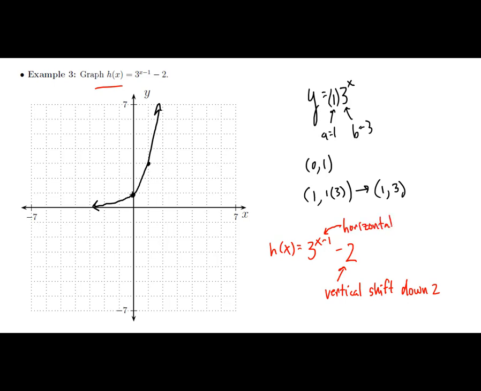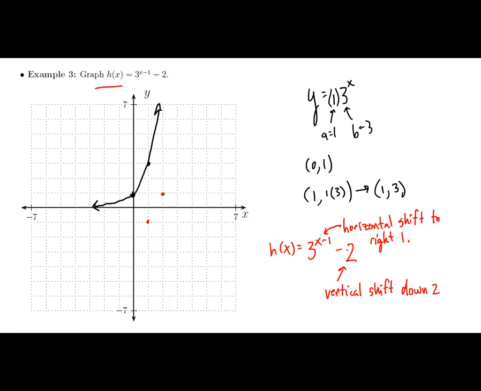And just like before, if we have a horizontal shift, it's always kind of the opposite direction that you might expect. So it's a horizontal shift to the right by 1. So each of these points are going to go over 1, down 2. Over 1, down 2.